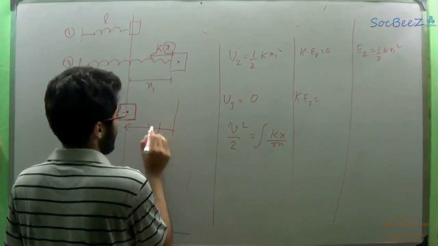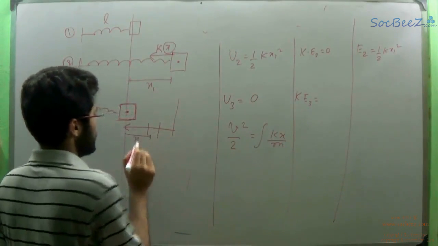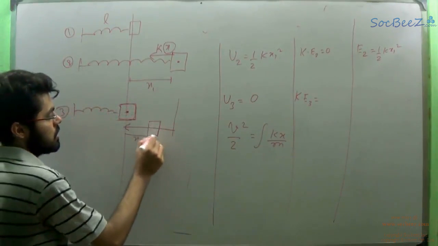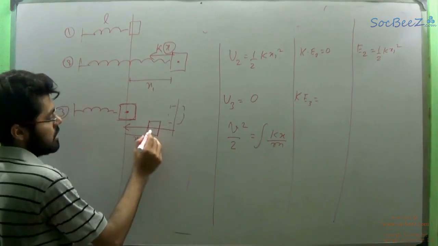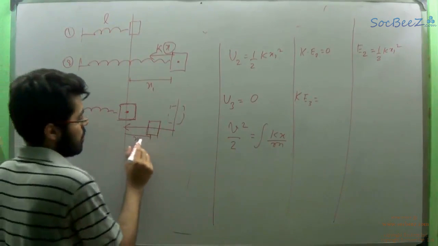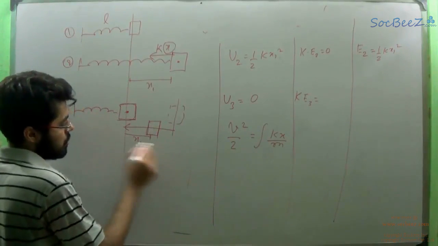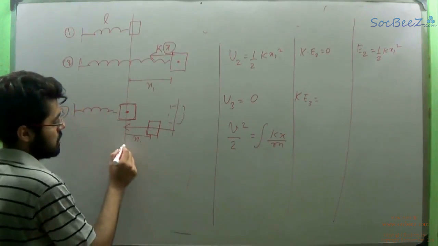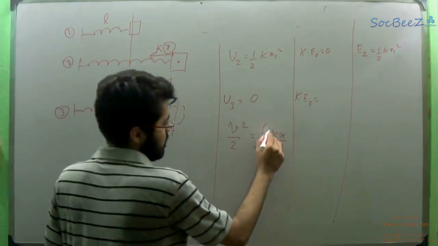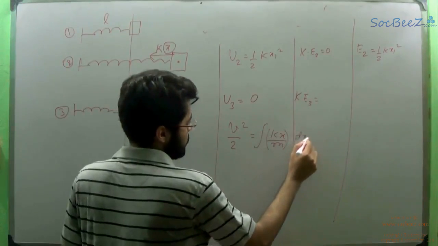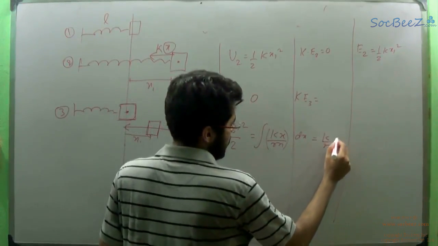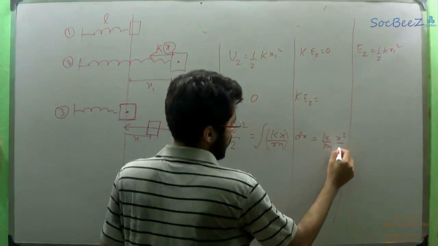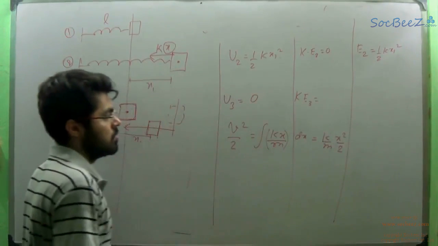Suppose at this position, from this element x. So somewhere here, this is the initial point of the path, this is the final point, this point is somewhere here. So the acceleration is always towards this direction, towards this normal position. So kx by m into dx. So that will give us k by m x square by 2.